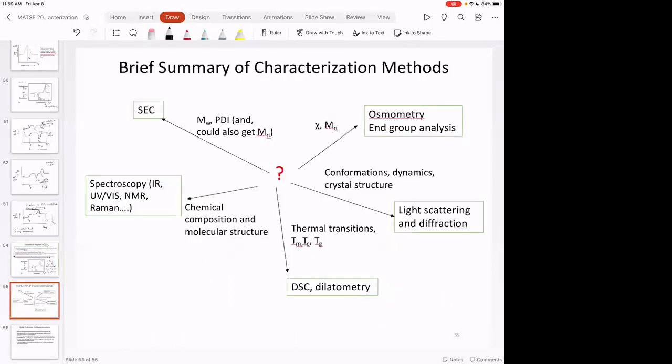And that sort of builds our understanding of characterization, and how we know what we have for the properties of these polymers. So we've covered SEC, end group analysis, thermal transitions, we're not going to cover some of these, but another really important aspect of polymer characterization is mechanical properties.